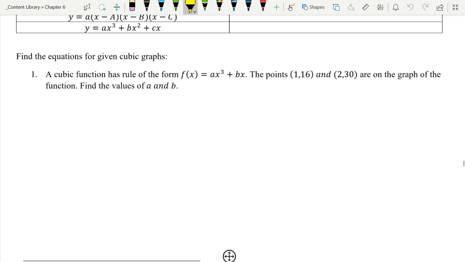So you know when x equals 1, y equals 16, and when x equals 2, y equals 30. So 16 equals, when I put 1 in, a plus b. And when y equals 30, I put 2 in. That's 8a plus 2b.